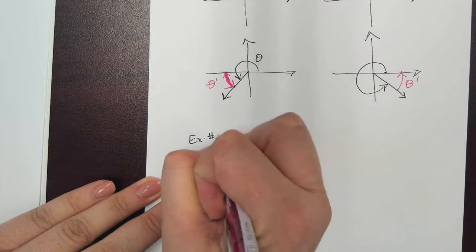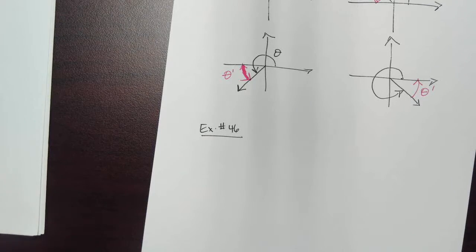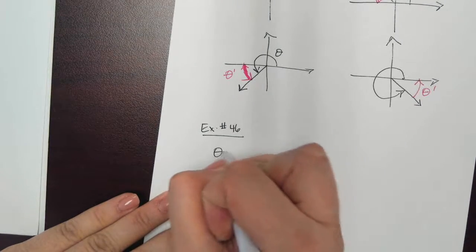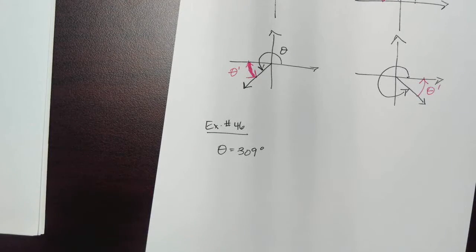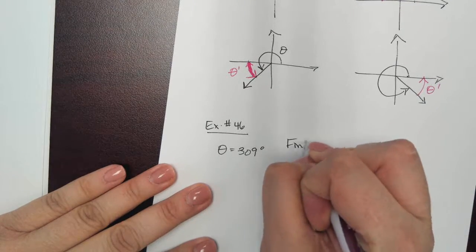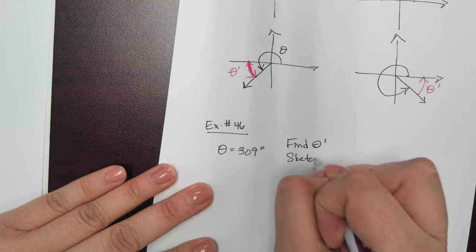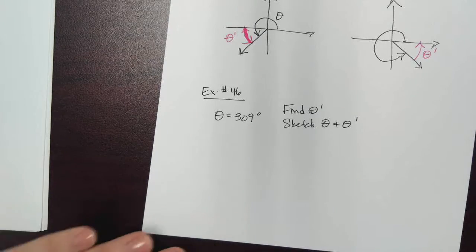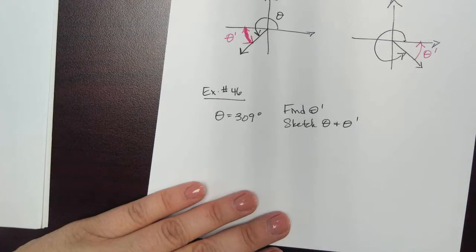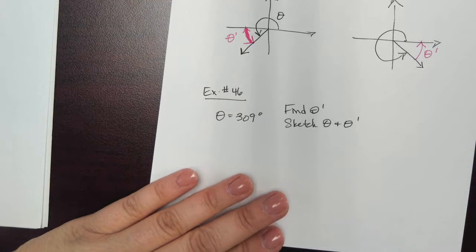Example number 46 tells me that theta equals 309 degrees. It asks me to find the reference angle, find theta prime, and sketch theta and theta prime. That's not very hard, right?